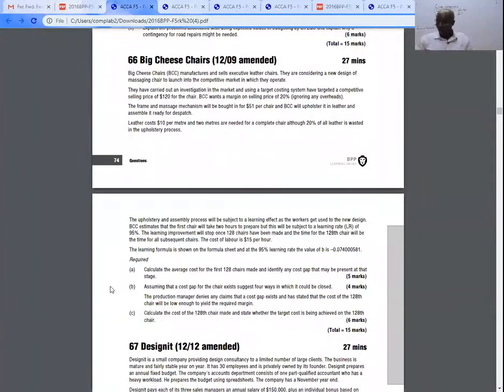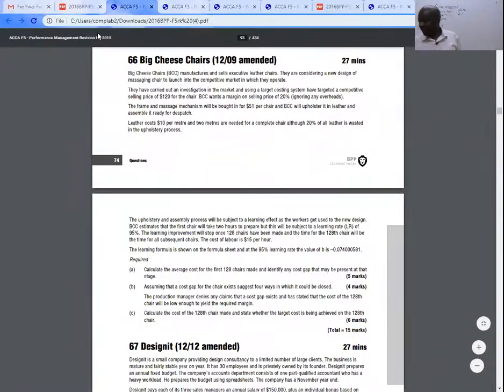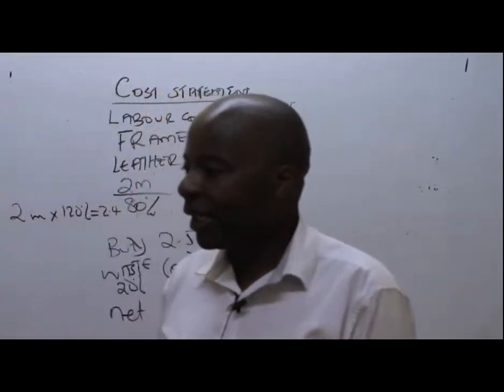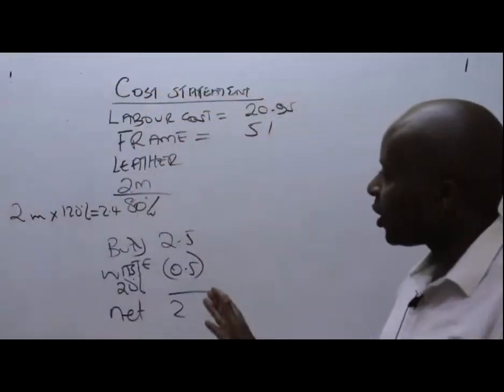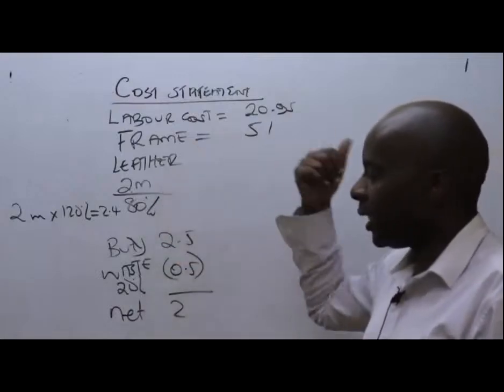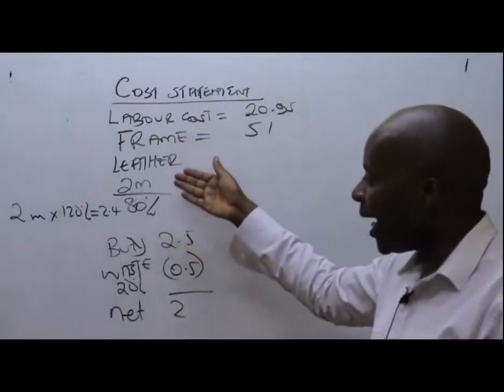So you should be able to understand it in your own way, which you should be able to use in the future. I'm repeating this once again, ladies and gentlemen: whenever there is a loss, take the net number of meters needed, divide by net percentage.